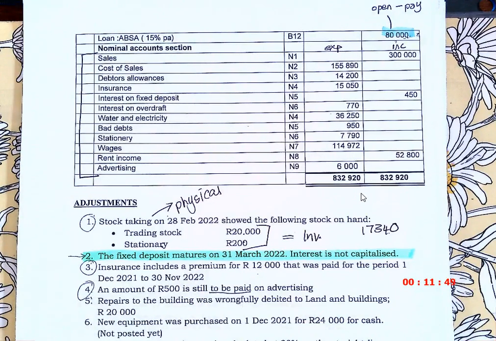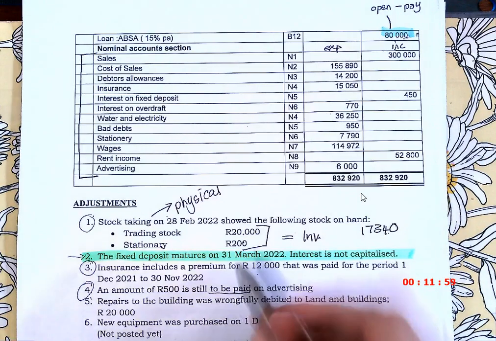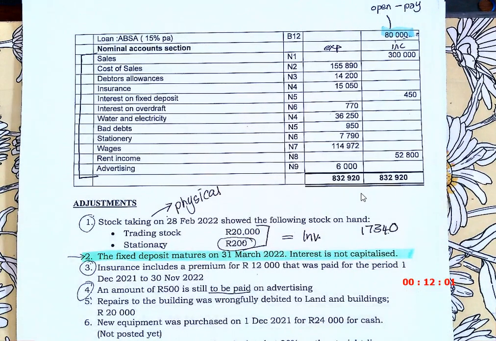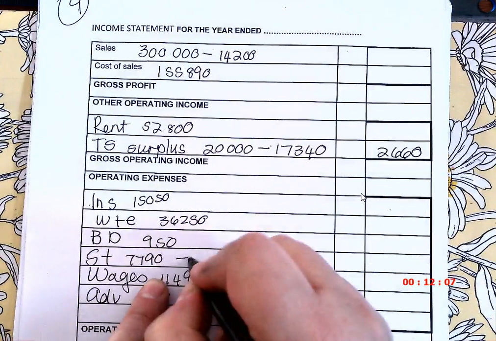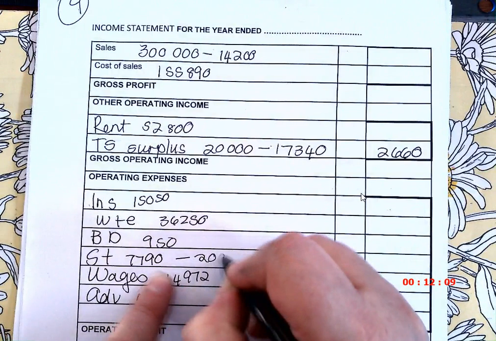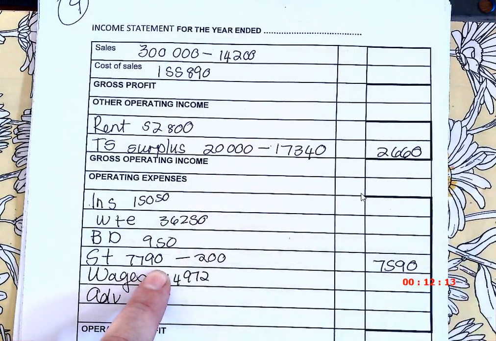Next one is stationery. Now remember again, stationery is divided into used and unused. In the income statement I show used. So if I read here that 200 Rand is the ones I count, meaning it's unused, I'm going to take it out of the stationery because it's not used. So it means I only used 7,590.